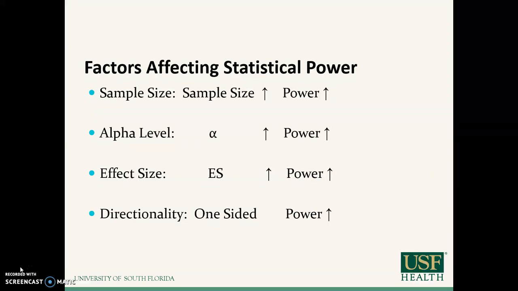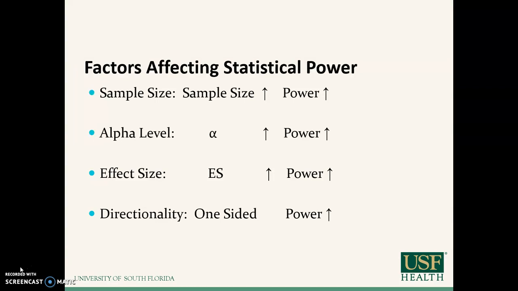Now, factors affecting statistical power. Statistical power is not a single factor. It relates to multiple things, for example, sample size, the alpha level or level of significance, effect size, and directionality. When sample size goes up, the power goes up.